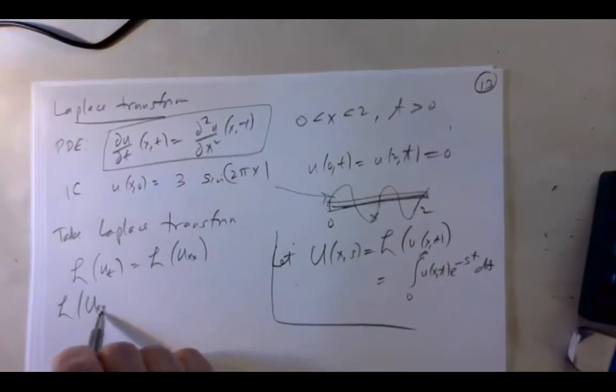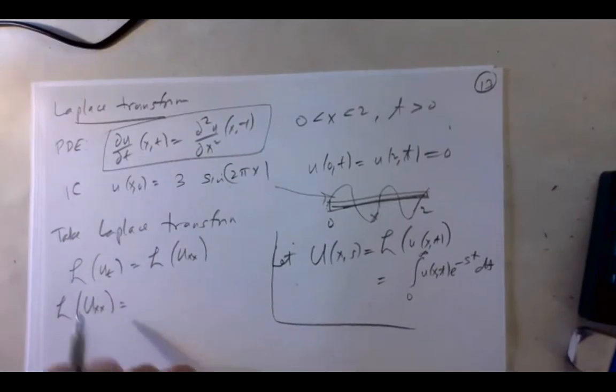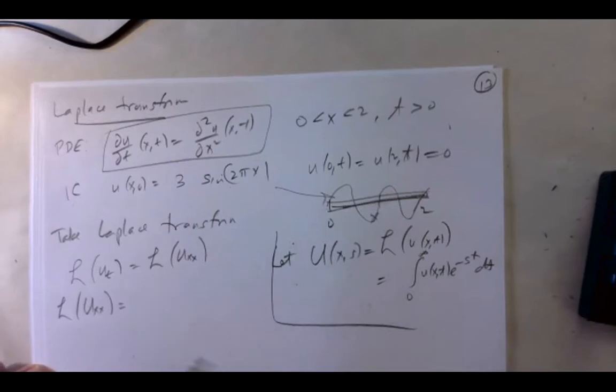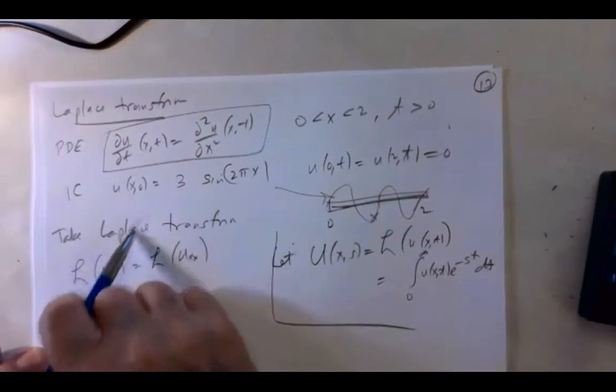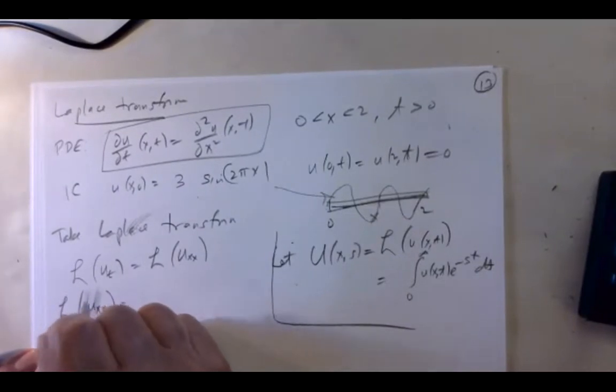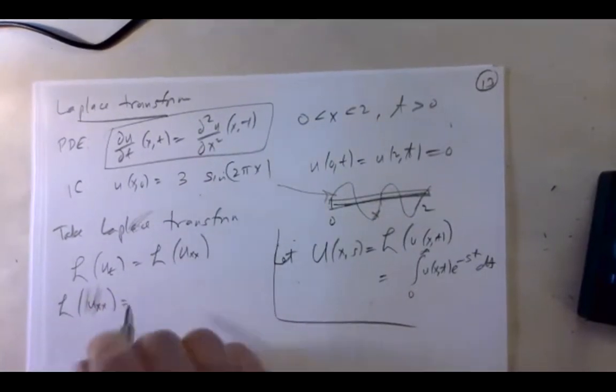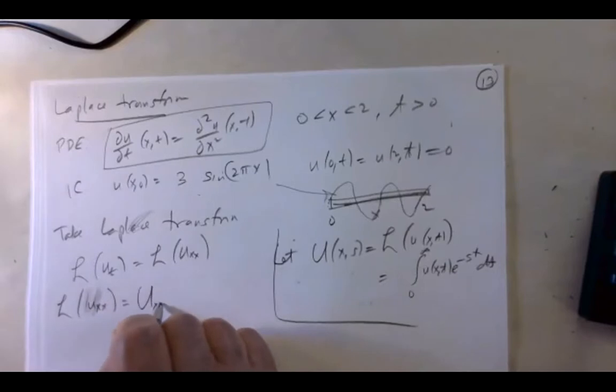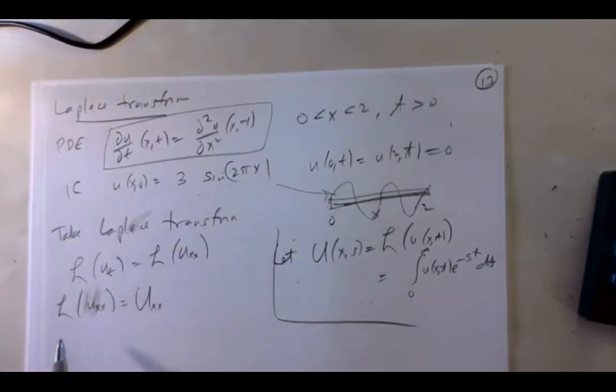So if we differentiate twice, this is the Laplace transform differentiated twice.